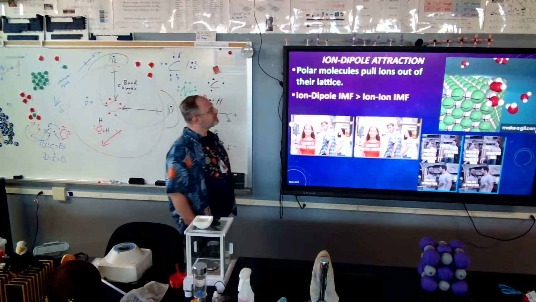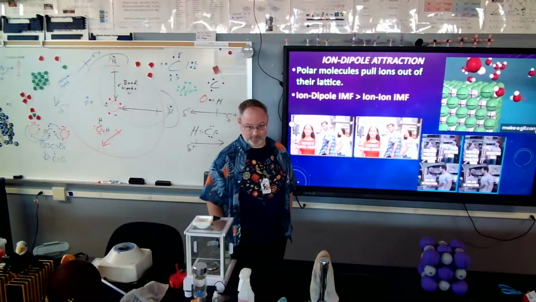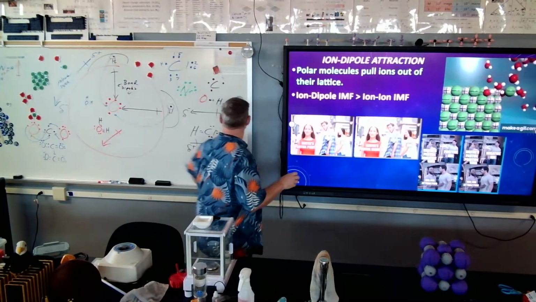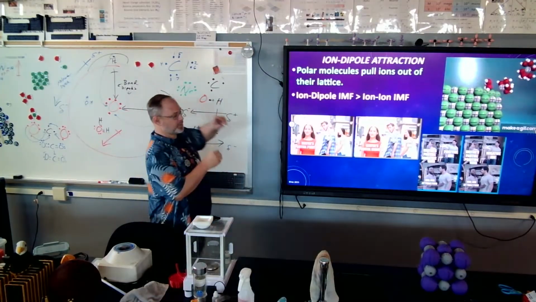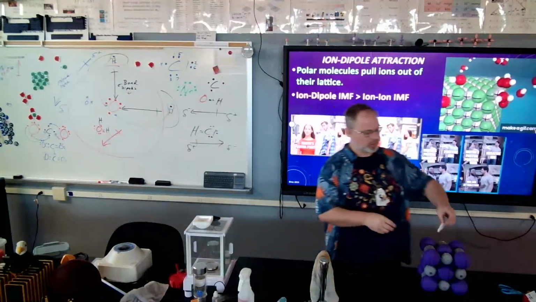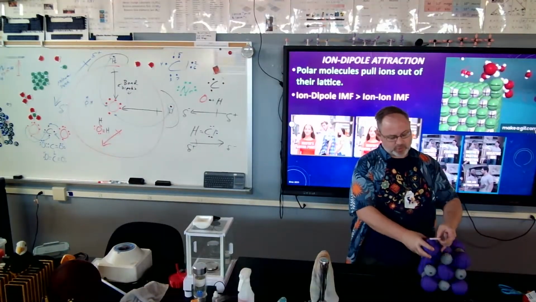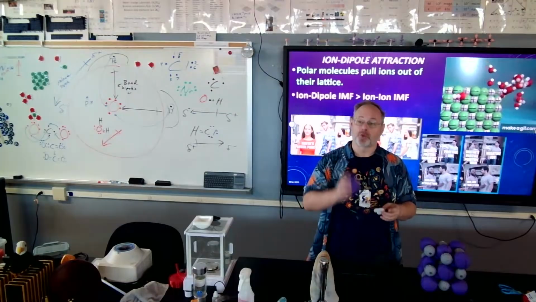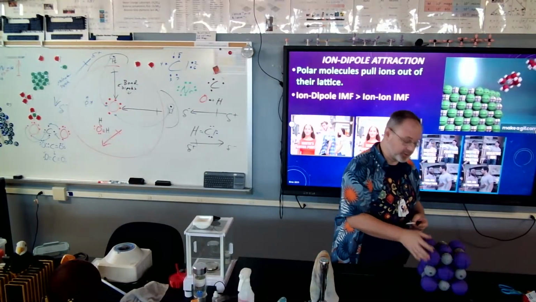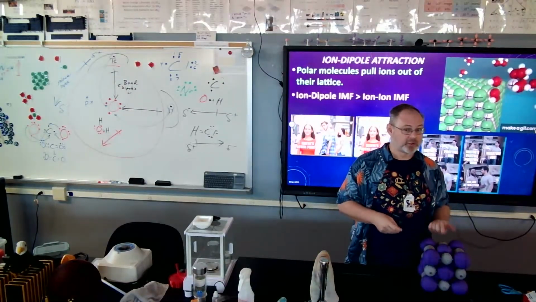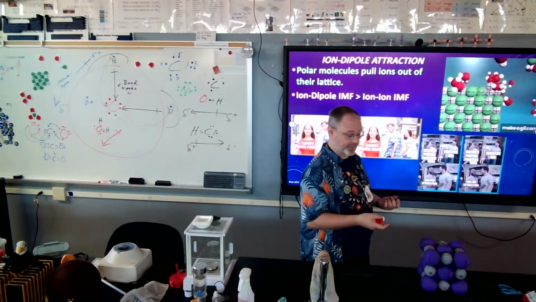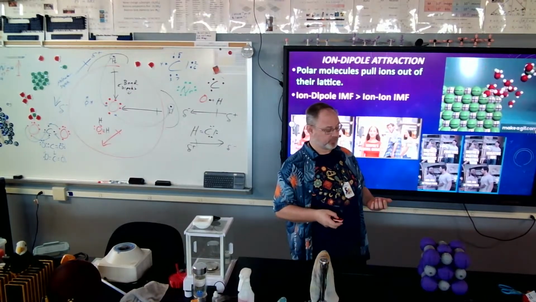Listen carefully: if the ion dipole attraction, like our water molecule's partial positive attacking a partial negative, is stronger than the ion attraction, the substance is going to dissolve. Sodium chloride is a great example of that. We know sodium chloride dissolves really well.